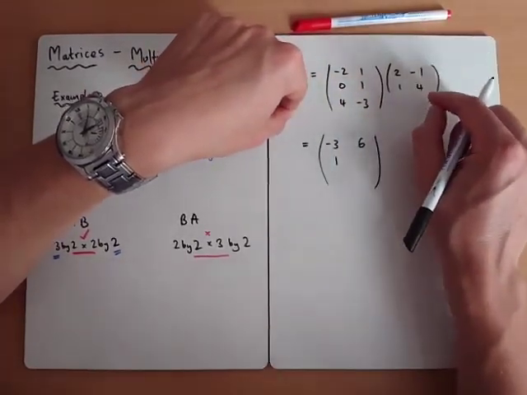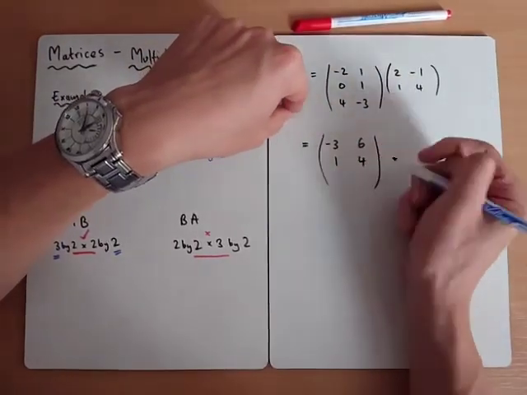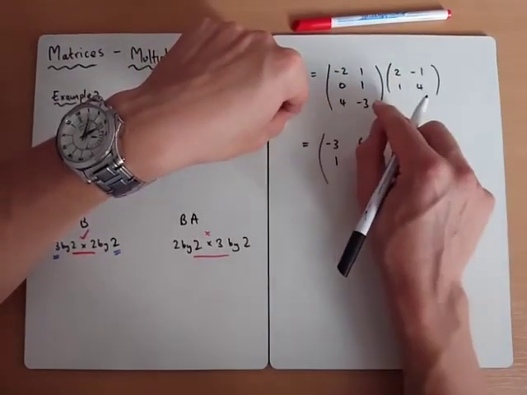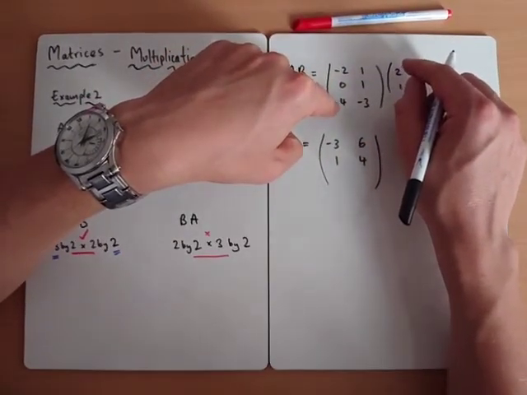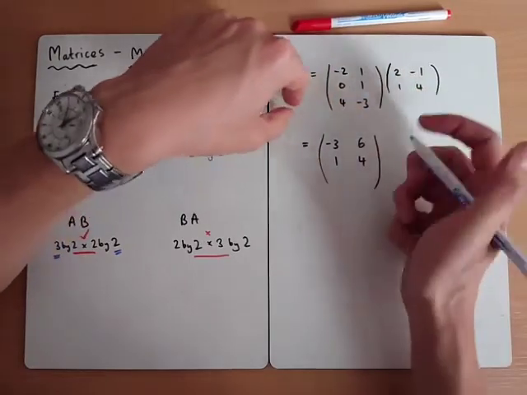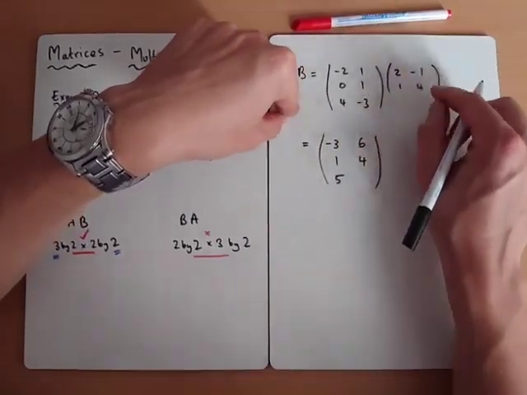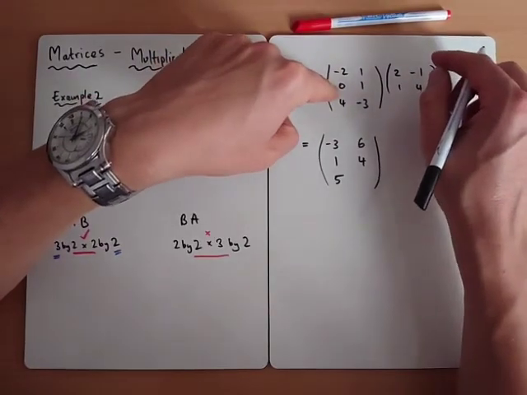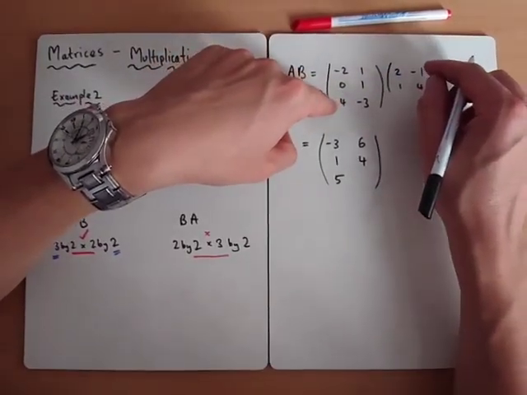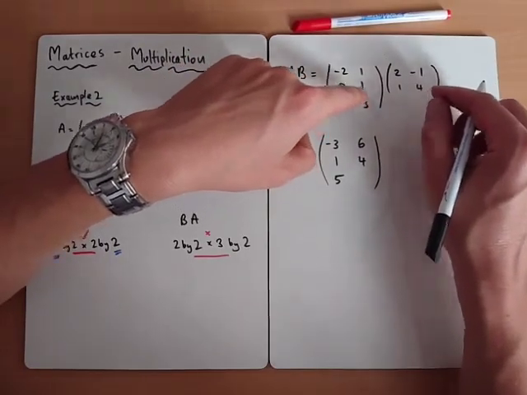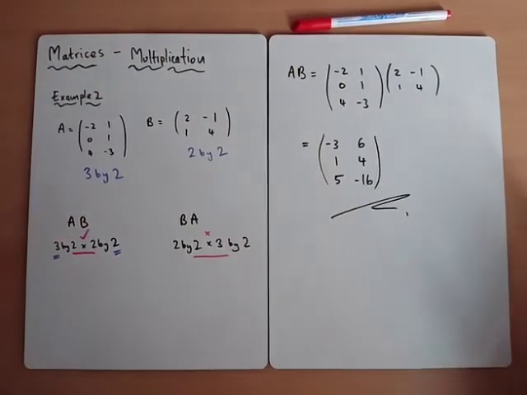Second row, second column, 0 plus 4. And then we'll do third row, first column, 8 minus 3. And then third row, second column. So minus 4, minus 12, that gives us minus 16.